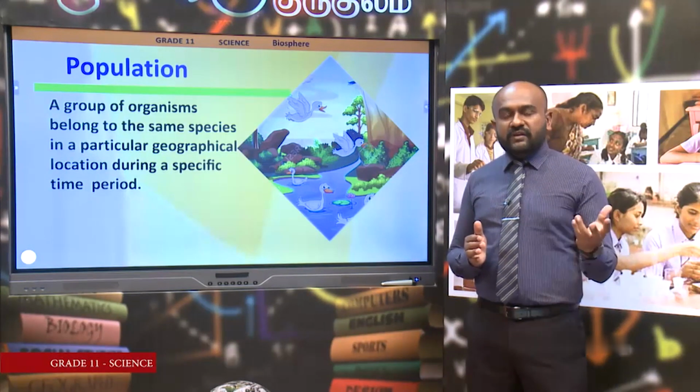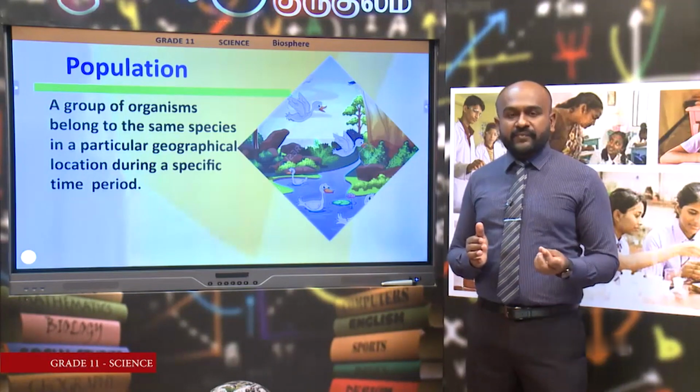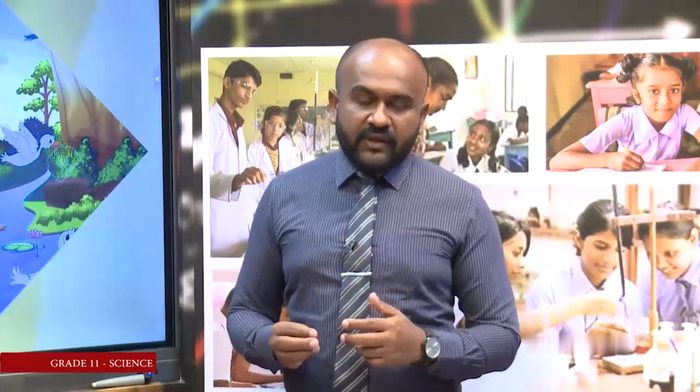Now, just think of the human population in Sri Lanka in 2021. So, we consider a group of organisms which belong to one particular species and live in Sri Lanka. So, we specifically mention the geographical area, and in 2021 we consider the time also.